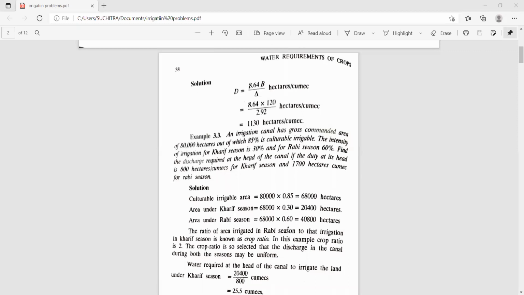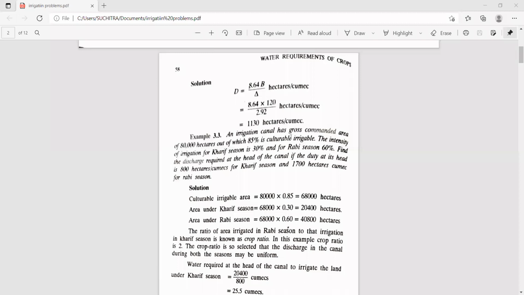So here you have two crops, Kharif and Rabi, with intensities of irrigation of 30% and 60%, and the total gross commanded area is 80,000 hectares, out of which only 85% is culturable.